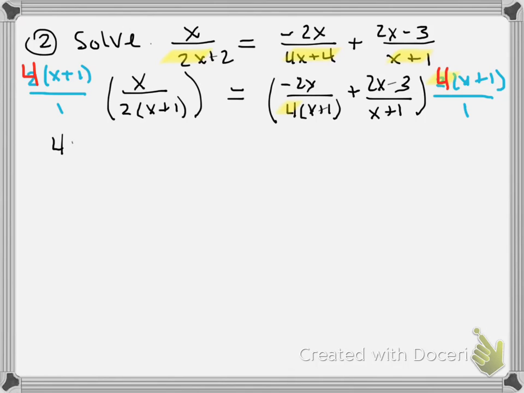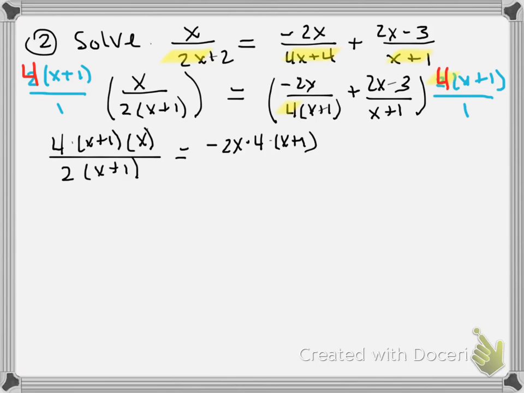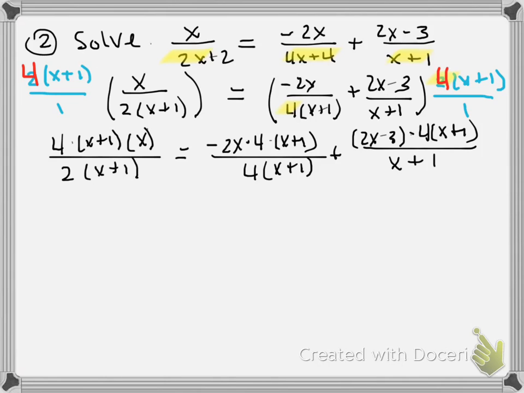We get 4 times (x plus 1) times x all over 2 times (x plus 1) equals negative 2x times 4 times (x plus 1) all over 4 times (x plus 1) plus (2x minus 3) times 4 times (x plus 1) all over (x plus 1).